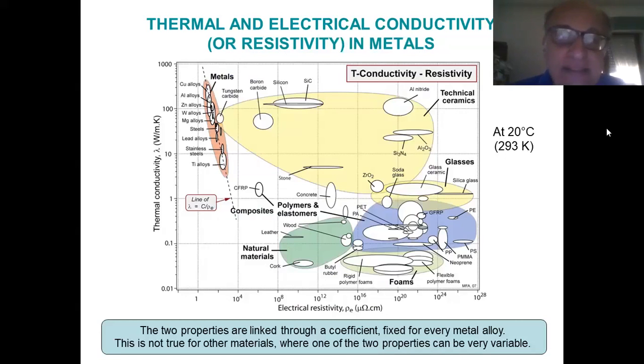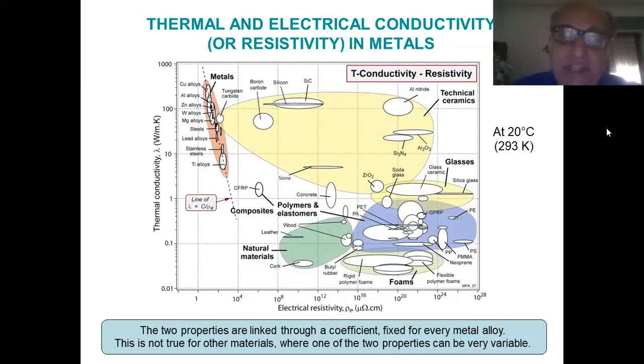In fact, this was reported also in a chart by Michael Ashby and his collaborators. We present from time to time some of the graphs from Ashby. You will find several hundreds of these because they investigated most properties of materials.